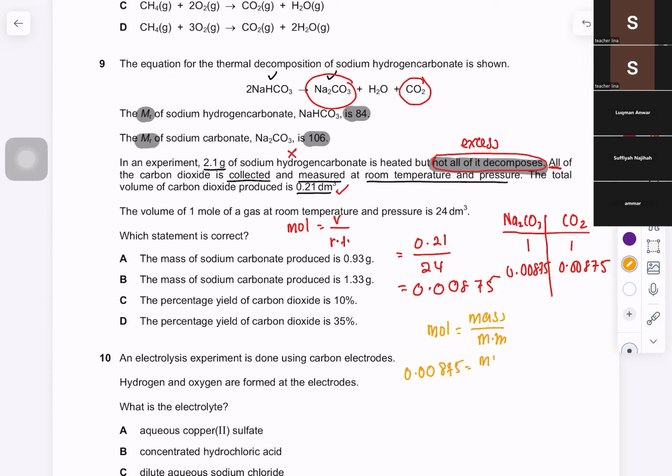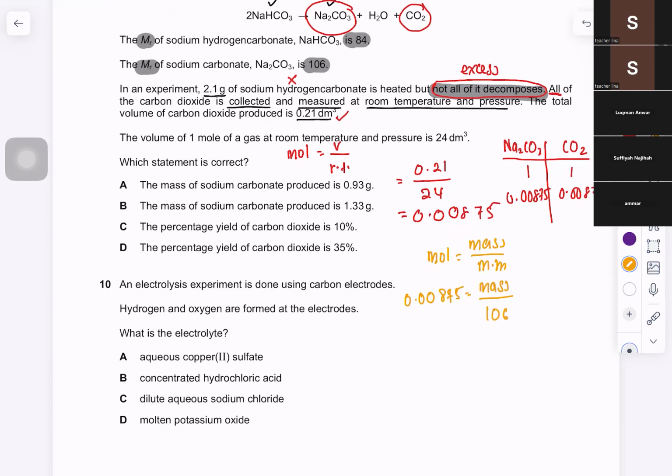And then molar mass is 106. Dapat kan? 0.93. Ni. So you want this one. Patutlah ada 1.33. Okay.